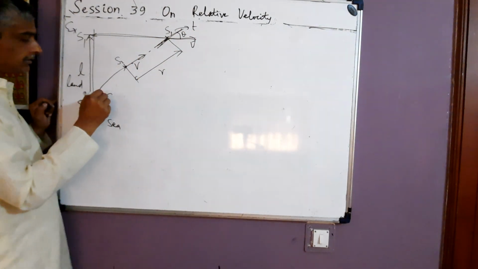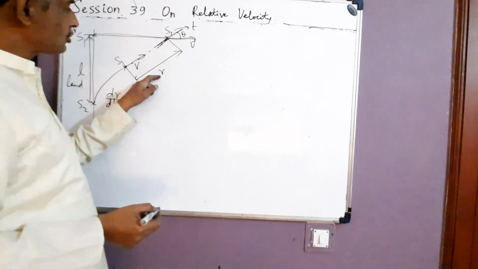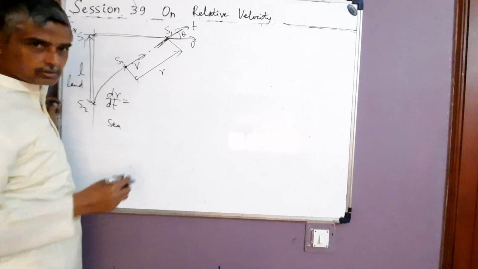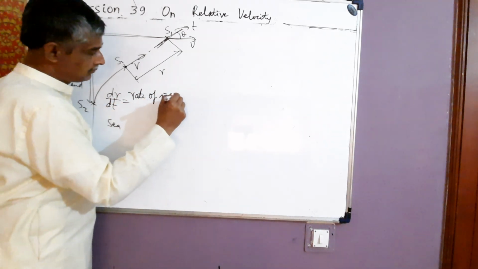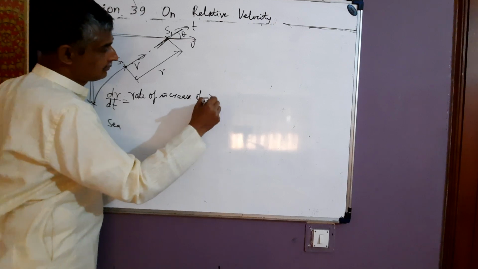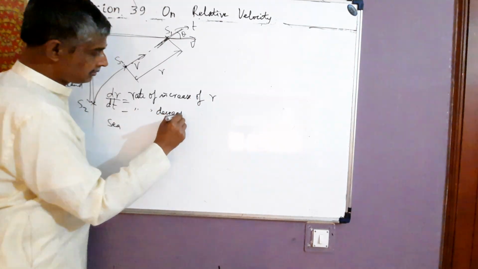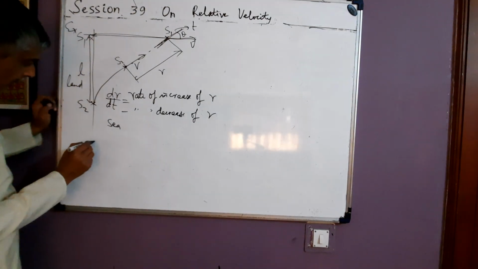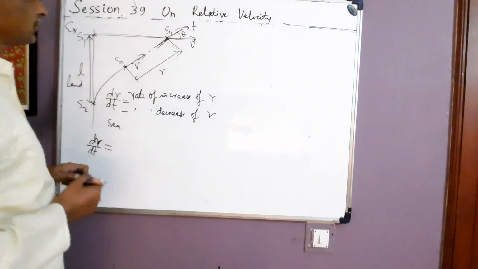Now we write dr by dt. dr by dt meaning what? Rate of change of r with respect to time. That is rate of increase of r minus rate of decrease of r. What is rate of increase of r?